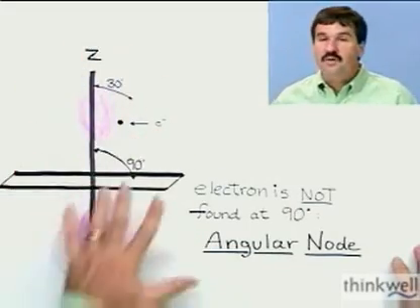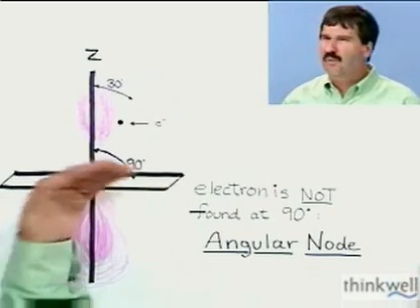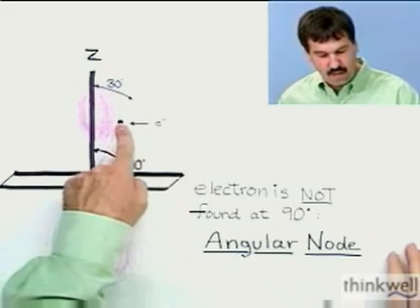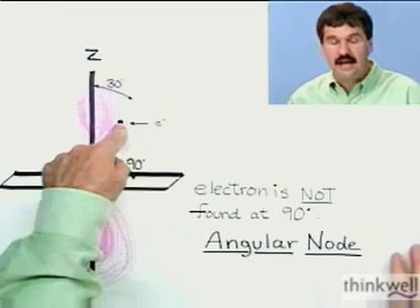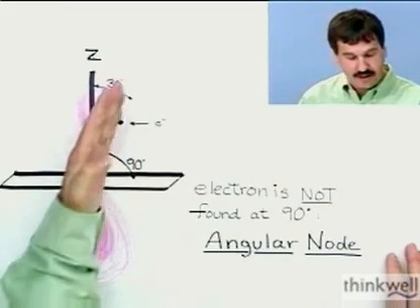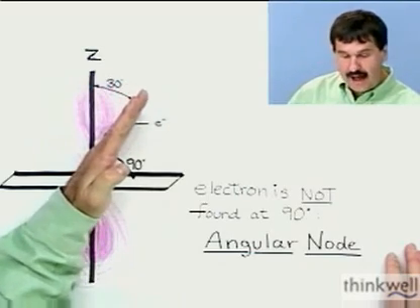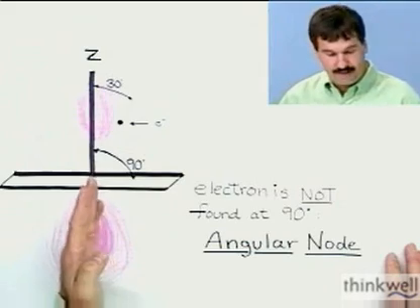Now, we describe that difference in shape as an angular node. Why on earth do we have that term angular node? Well, suppose that we're worried about this electron being right here in some instant in time. If the electron were here, we could describe that electron as being 30 degrees away from the z-axis, in other words, the direction that the orbital is pointing.